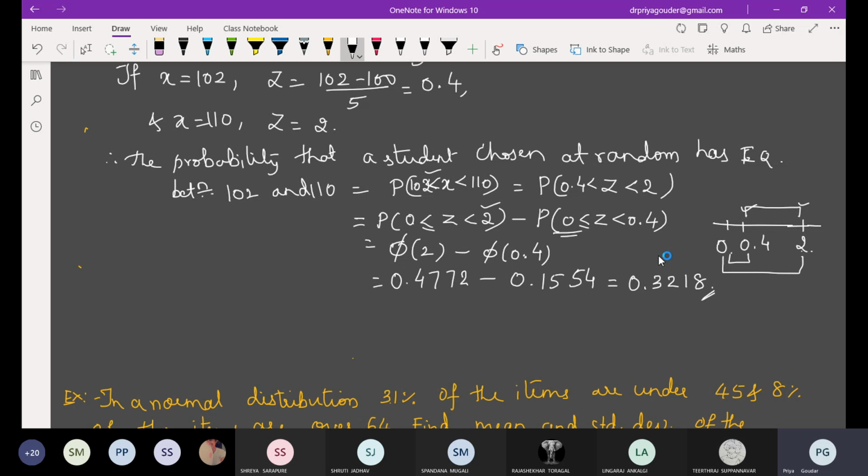What is this? This is the probability that if you choose a student at random, his IQ level is going to be between 102 and 110. Let me denote this as P. It is like a probability of success. What is the success here? The IQ of the student should be between 102 and 110.